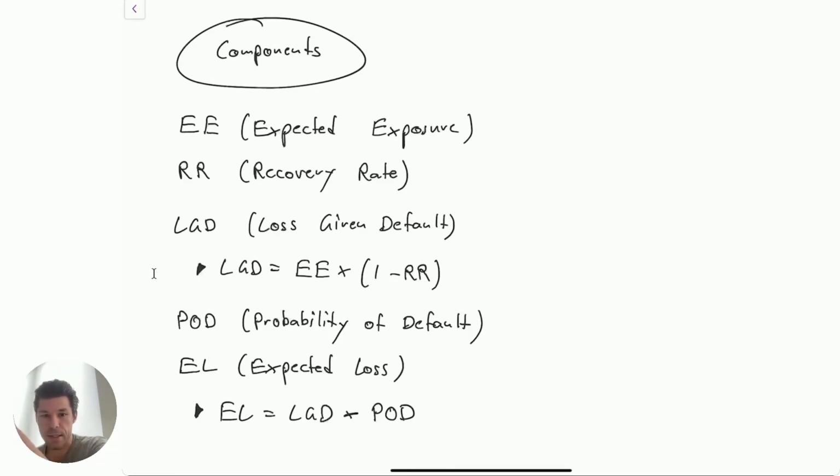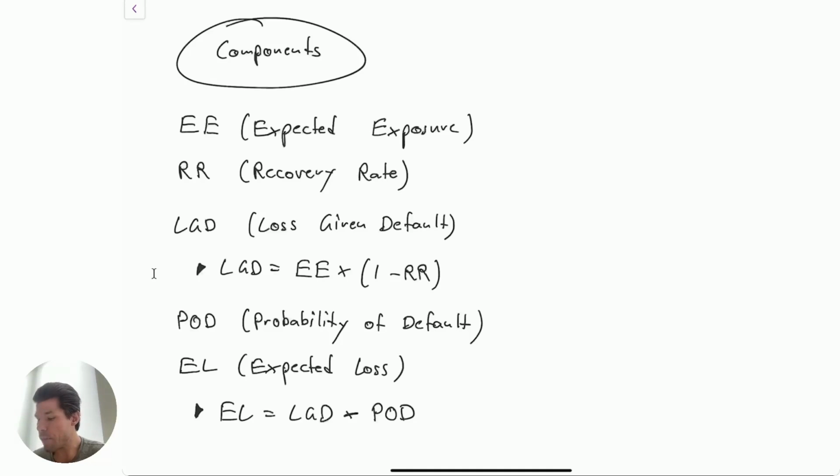And if in case of default your recovery rate is 40%, that would mean 100 times 1 minus 40% is 100 times 60%, which means $60. So your loss given default, the investor's loss conditional on an issuer event of default, would be 60.